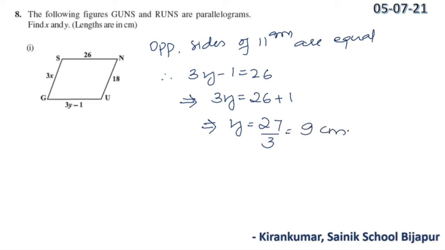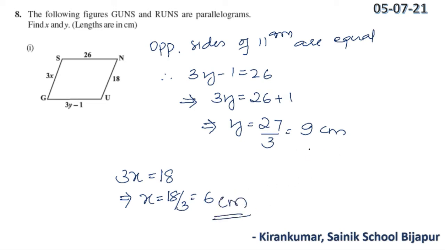So 9 centimeters is the value of y. The other pair of opposite sides, 3x is equal to 18. This implies x is equal to 18 upon 3, which is 6. Therefore, x is 6 centimeters and y is 9 centimeters.